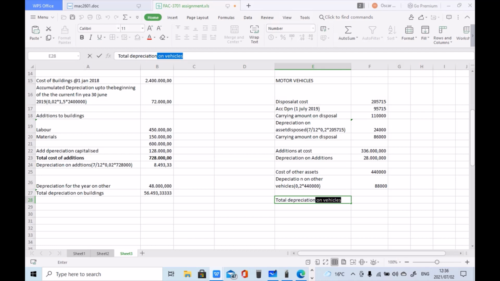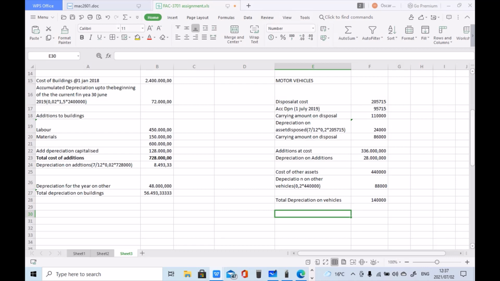And then total depreciation on vehicles is now going to be equal to depreciation on the disposed asset, which we've calculated, and then depreciation on additions we calculated, and depreciation on the assets that we had throughout the year that we calculated.